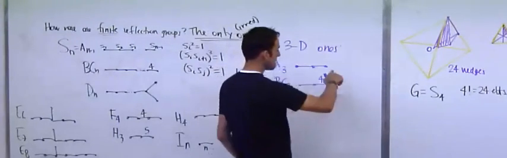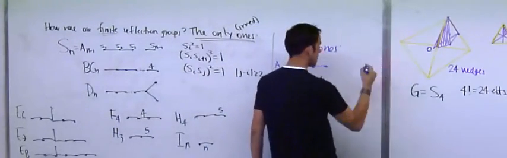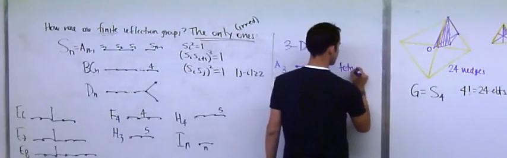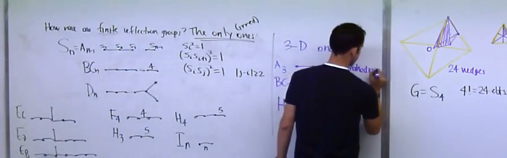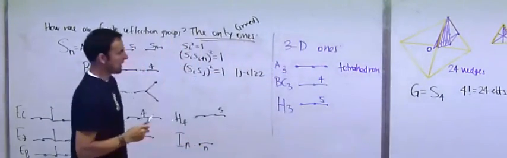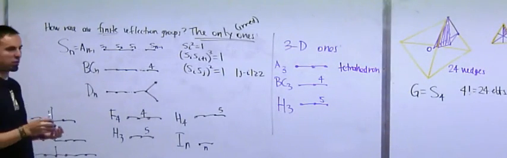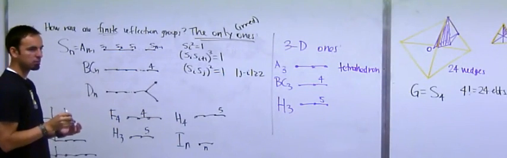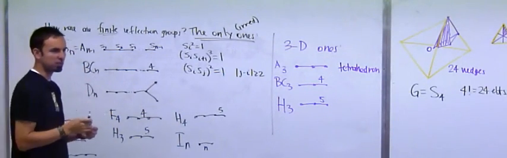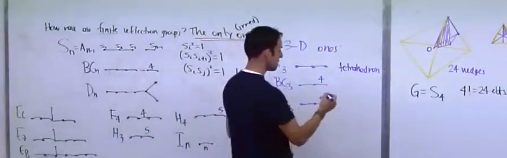Now, this guy comes from a simplex, from the tetrahedron, right? But now you know that in 3 dimensions you have 4 other very special polyhedra, which are regular.